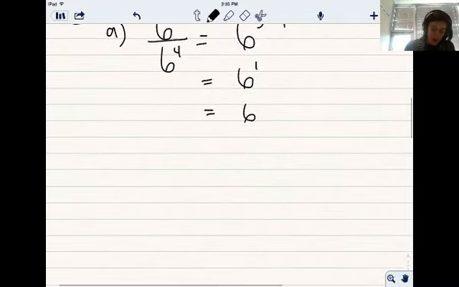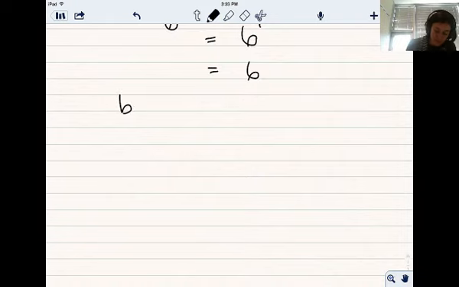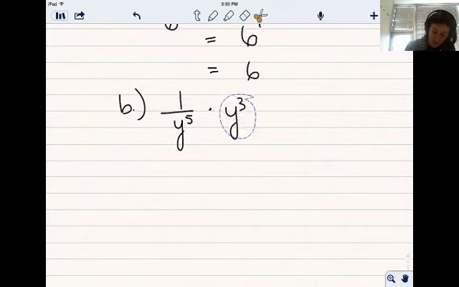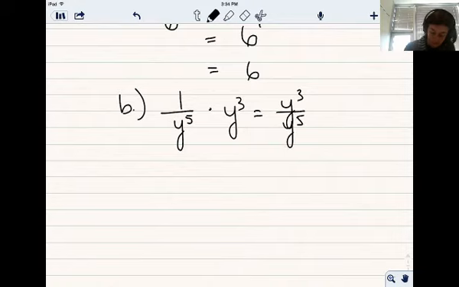Let's take a look at another problem. If I have 1 over y to the 5th power times y to the 3rd, let's put that like here. So if it were like that, well, that y to the 3rd is in the numerator when I multiply across, and that y to the 5th is in the denominator.